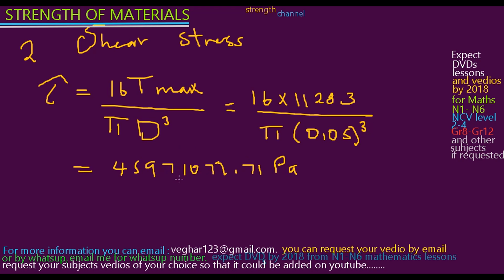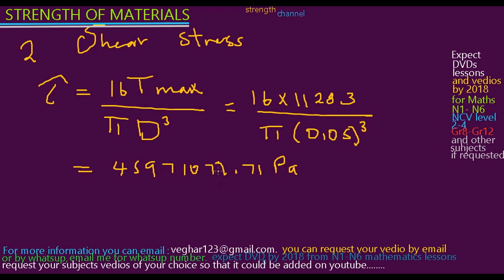So this one can be converted to something else. Okay, it can be converted to megapascal. So you have a comma here. How many zeros do we have for mega? Mega have 6 zeros. Mega is a million.